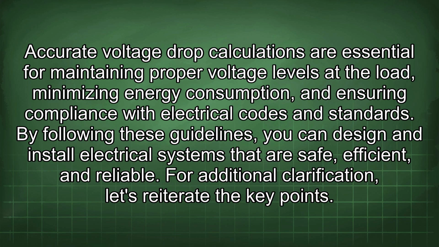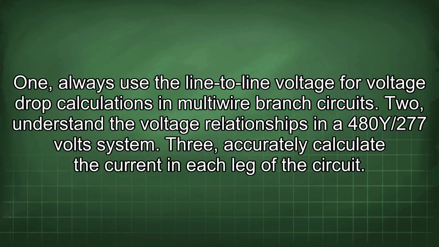For additional clarification, let's reiterate the key points. 1. Always use the line-to-line voltage for voltage drop calculations in multi-wire branch circuits. 2. Understand the voltage relationships in a 480Y/277 volt system. 3. Accurately calculate the current in each leg of the circuit. 4.